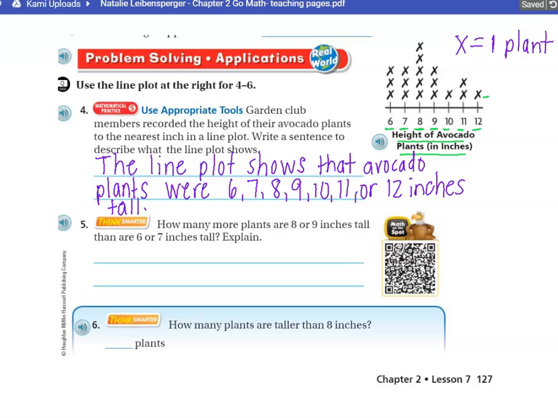So I'm basically taking the title here and the numbers and describing what it's all about. You can pause the video if you need to write a little bit more.